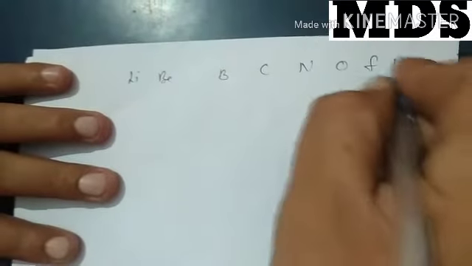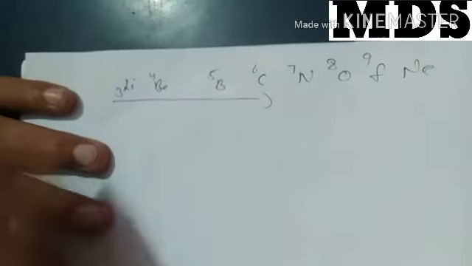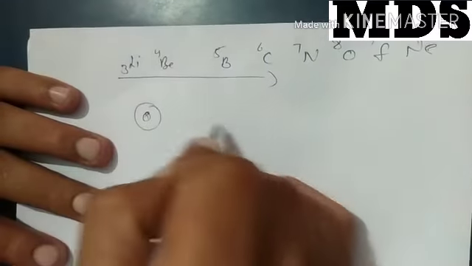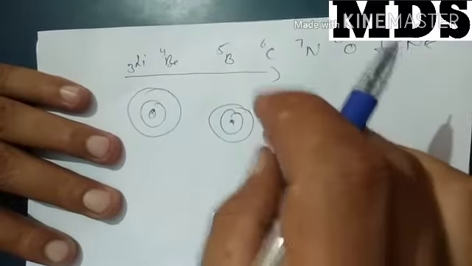If you're talking about any period, let's take the simple example of the second period. This is the second period here. Beryllium, boron, carbon, nitrogen, oxygen, fluorine. So when we are moving in this direction, you will say that the atomic number is increasing, but why is atomic size still decreasing?